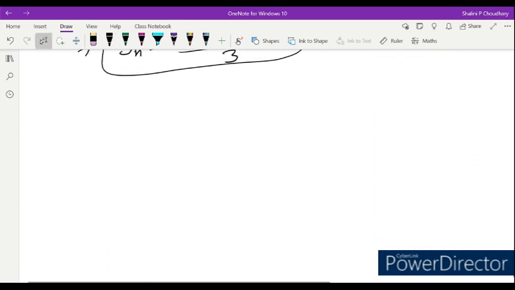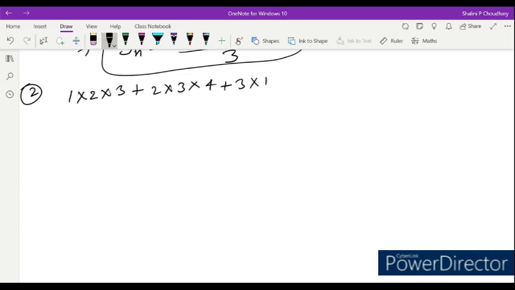Now we'll move to the next, that is question number 2. The series given is 1 into 2 into 3 plus 2 into 3 into 4 plus 3 into 4 into 5. So this way it's given.